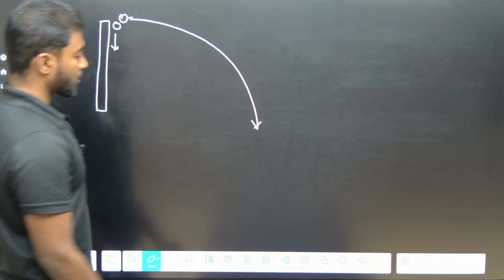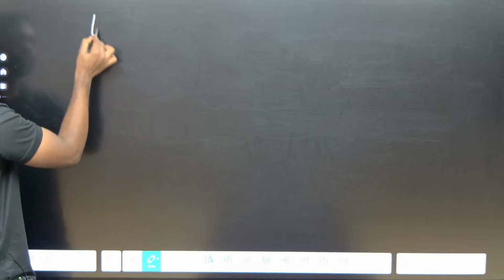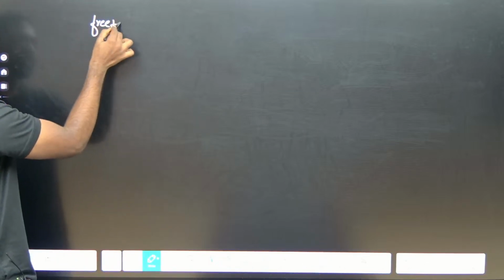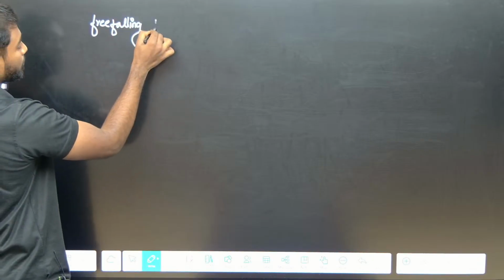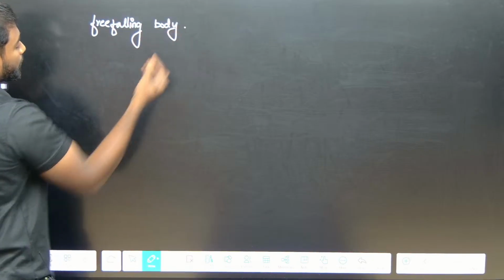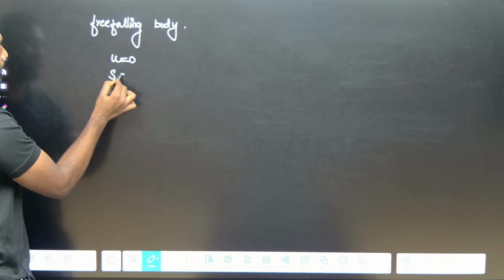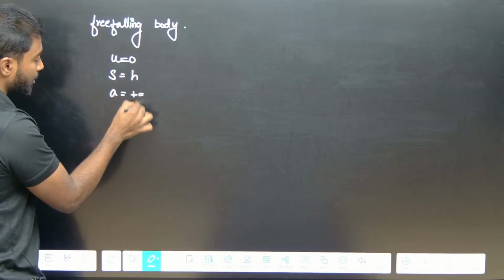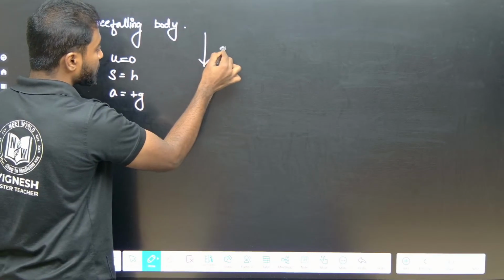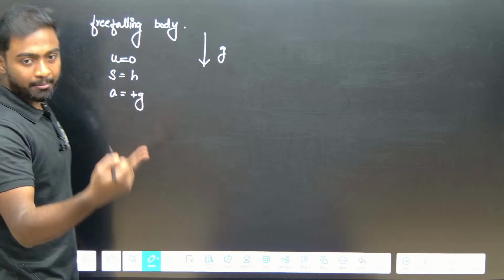So first condition, if we see, free falling body. So in this, u will be equal to 0, displacement will be height of the building h, acceleration will be plus g, it's towards down g, right? Now I should find the time taken.